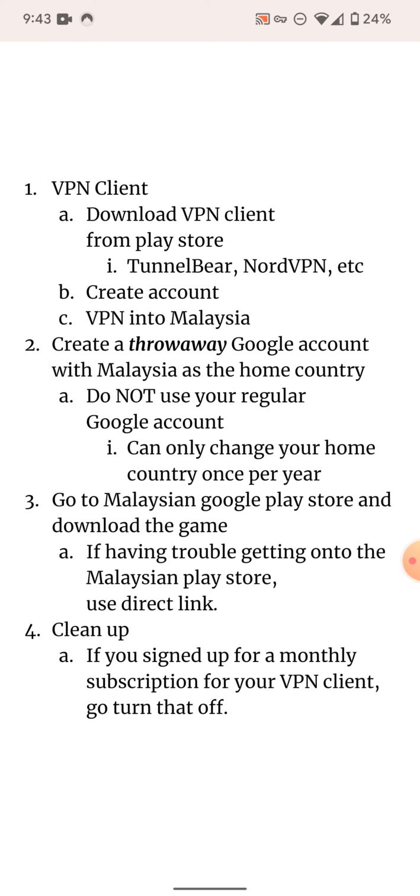So we have connected to Malaysia. Our phone, for all intents and purposes, is in Malaysia, and so now when we create that throwaway Google account, it will automatically set Malaysia as a home country. To do that, we are going to start at the Play Store. So I'm going to pause and launch the Play Store.